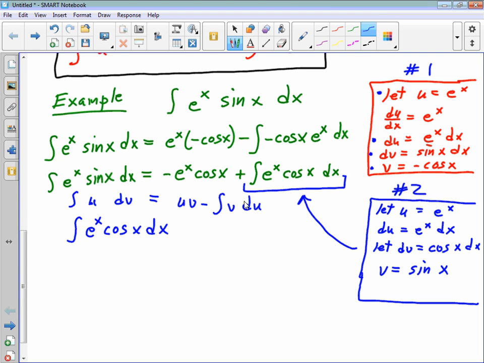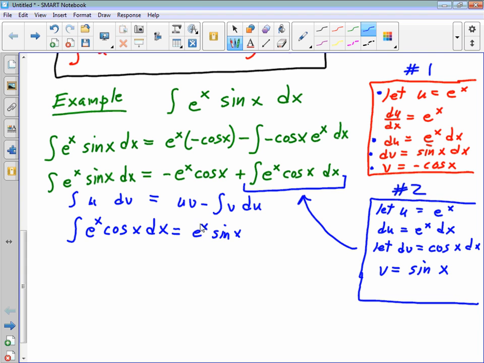There's integration by parts. Now let's plug in what we said. So we've got u e to the x, and we've got dv cosine x dx. So then it's going to be equal to e to the x times sine x. Okay, so far so good.